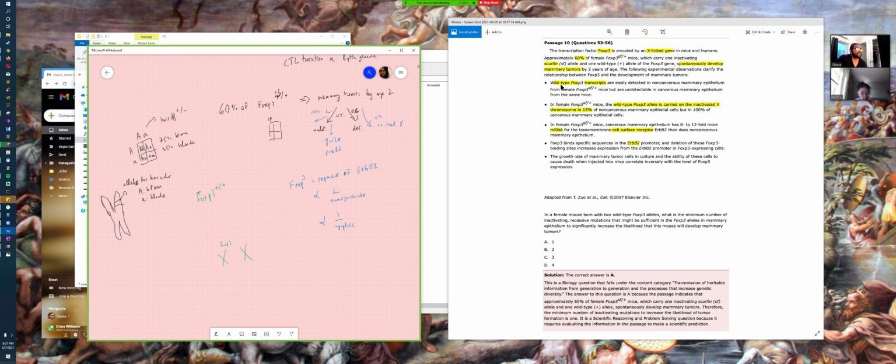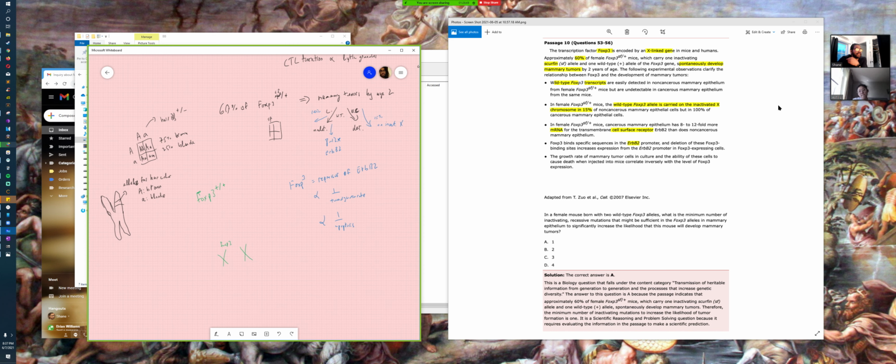And above that, it says wild type FOXP3 transcripts are easily detected in non-cancerous mammary epithelium from female SF and positive mice, but are undetectable in cancerous mammary epithelium from the same mice.